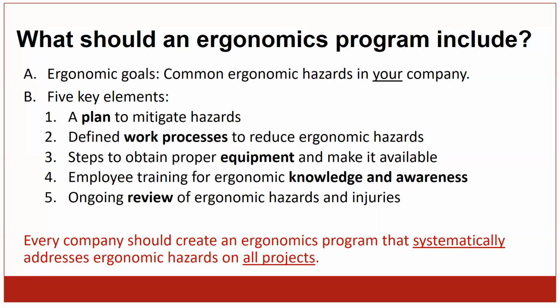One part of this final element is conducting a final review, a look back at the end of a project to understand what worked well and what did not work as planned, so that lessons learned can be applied to improve future projects. These elements should be systematically applied to every construction project.